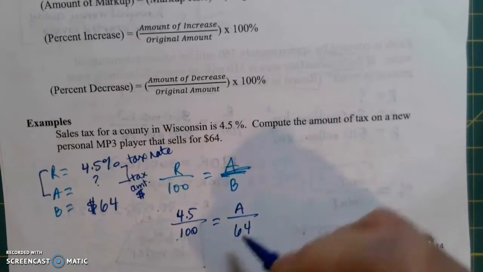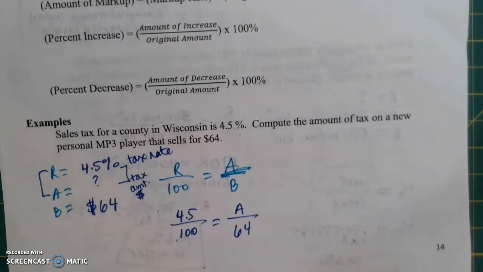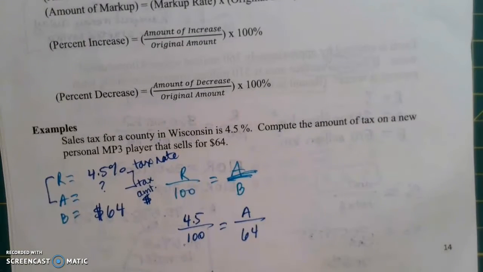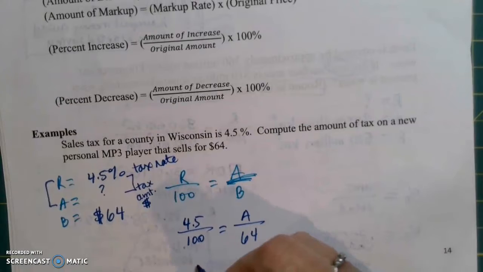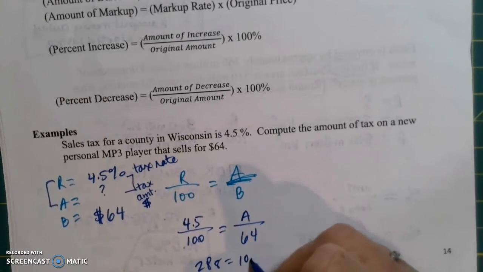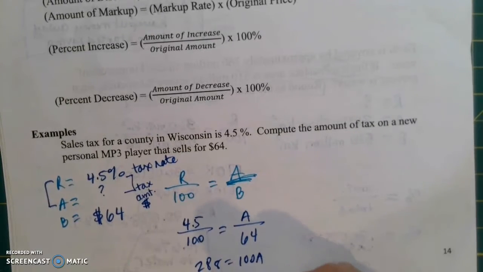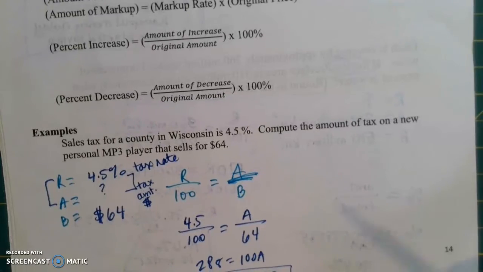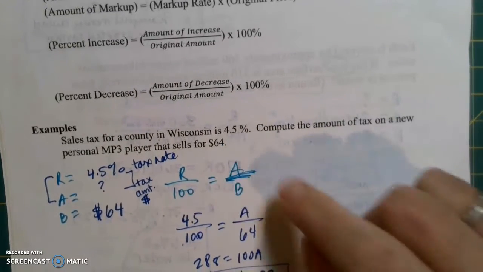And then we will cross multiply and divide to get our answer. Get the calculator out here. All right. So 288 equals 100A. So A then would be $2.88.